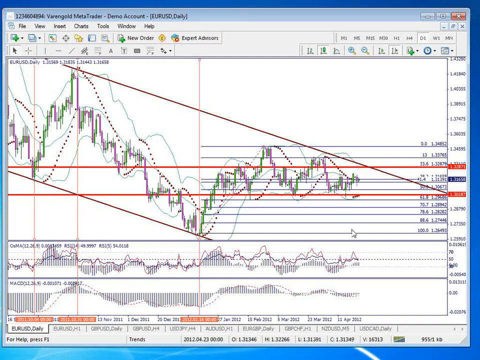The pair now is swinging around area 3841 and probably will swing into that channel with smaller and smaller swings until it makes one decision to break the support or the resistance area.